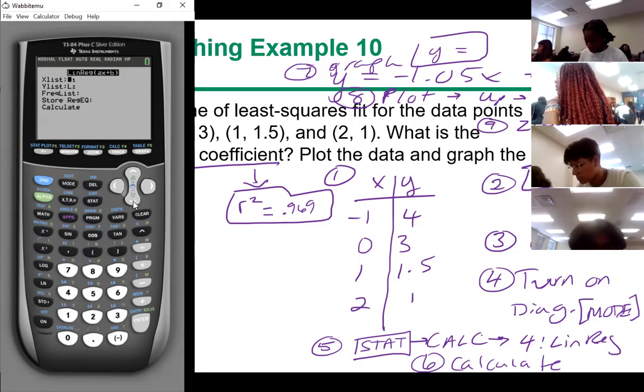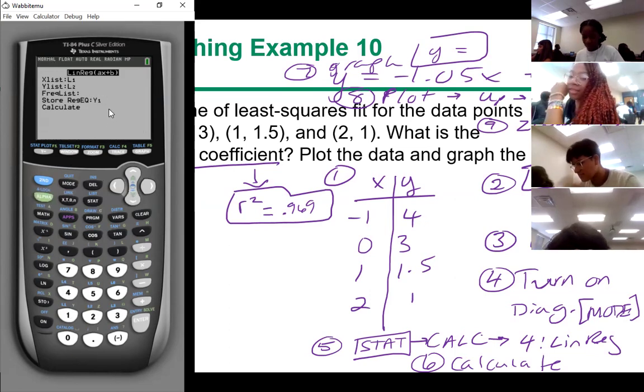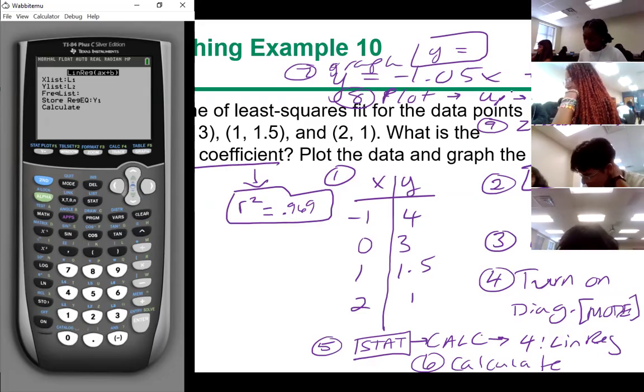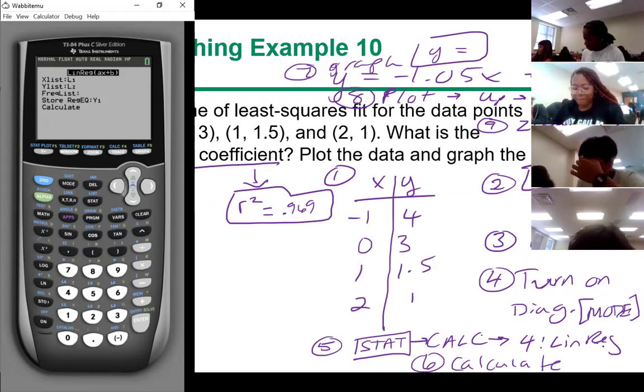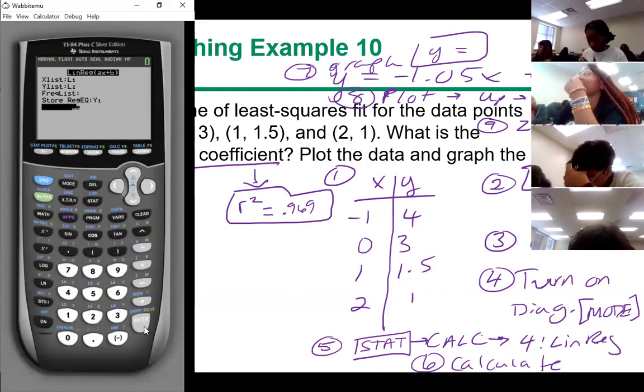There's the bonus step of alpha trace if you wanted it to type it for you. Is it necessary? No, because can you type it for yourself? Yes. So here we did stat calc 4 linear regression. Now we're going to calculate. So I'm going to come down to calculate, and it's going to run the calculations.